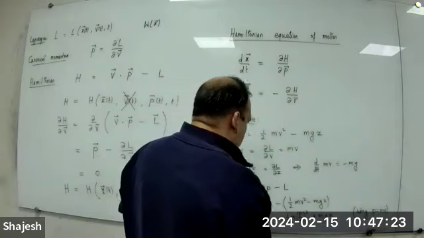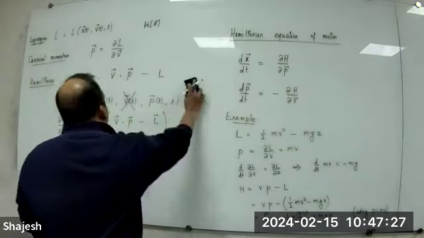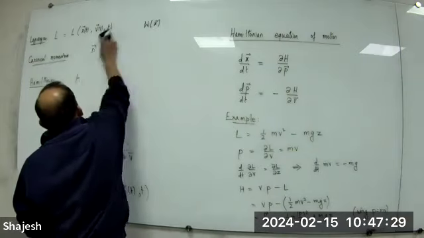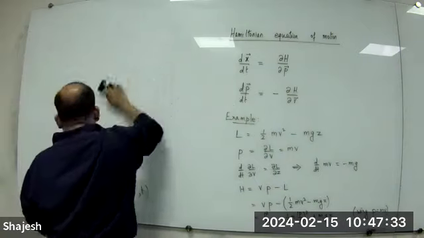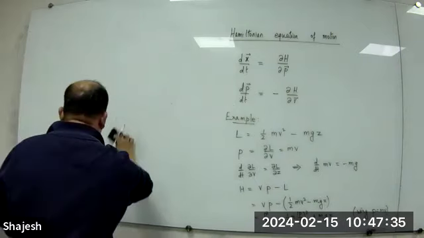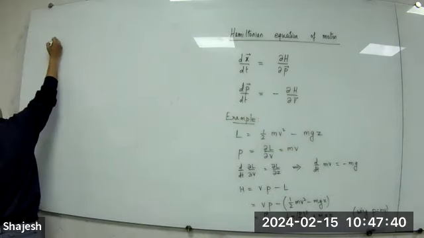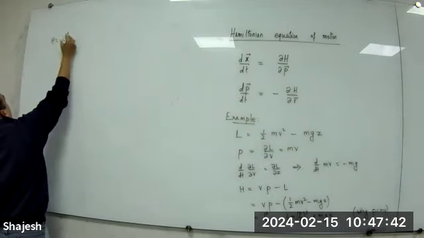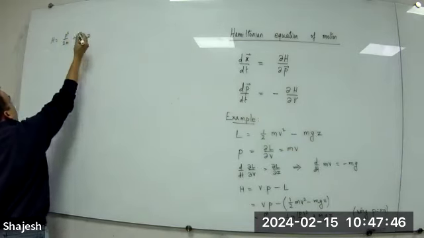So the Hamiltonian is equal to p squared over 2m plus mgz.